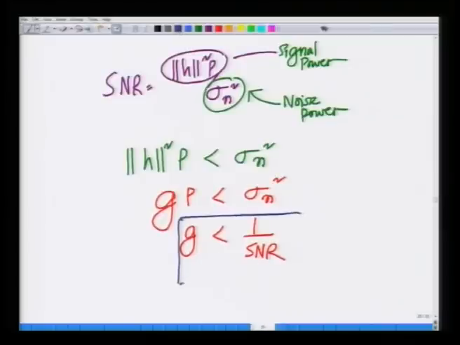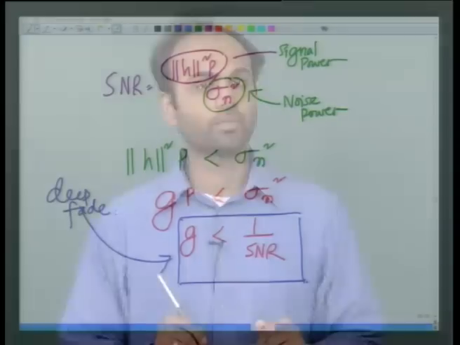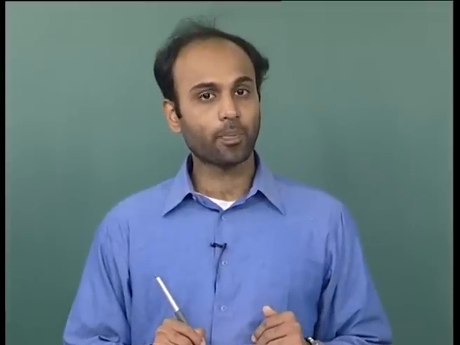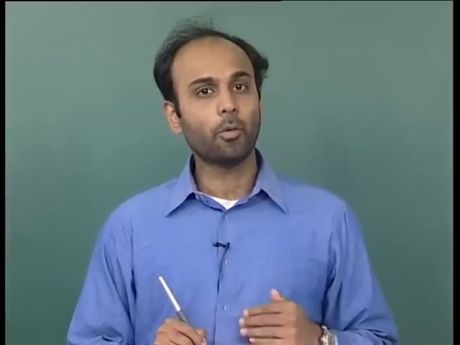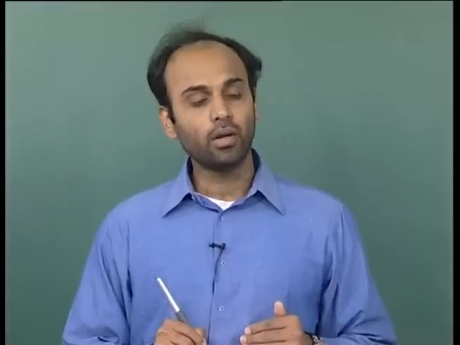This system with multiple receive antennas is in a deep fade when the gain G is less than 1 over SNR.